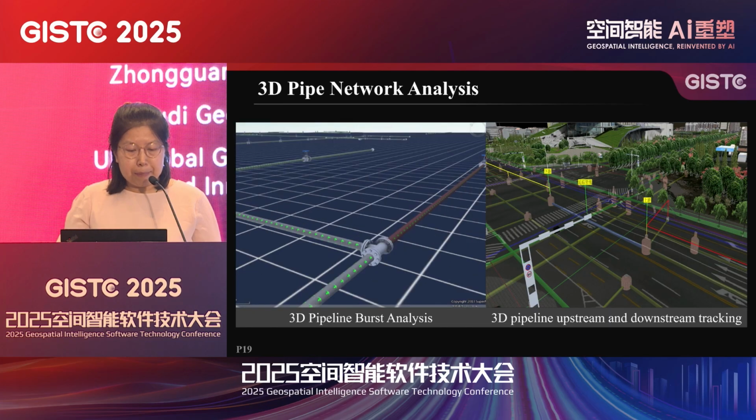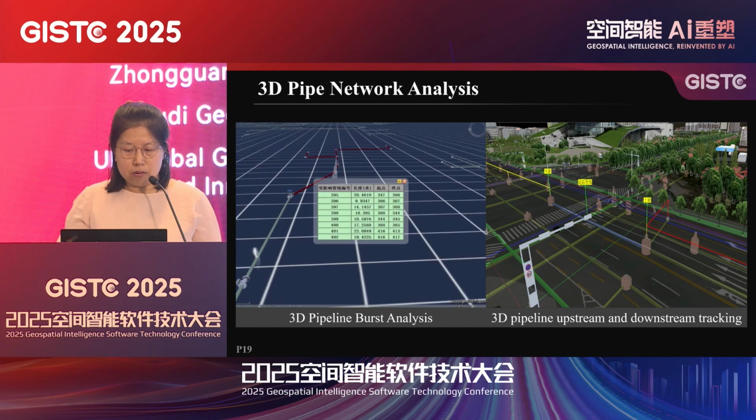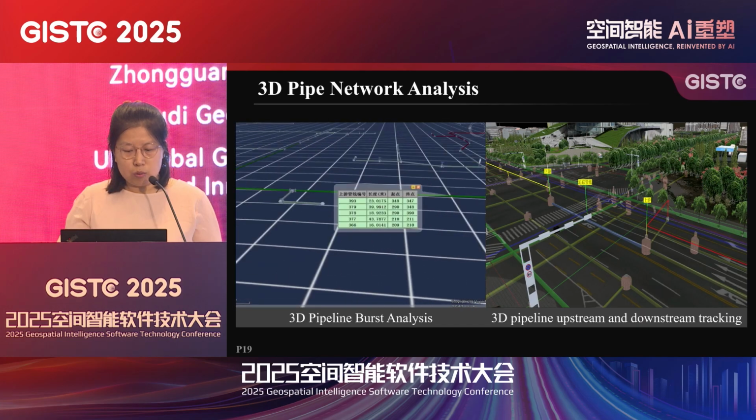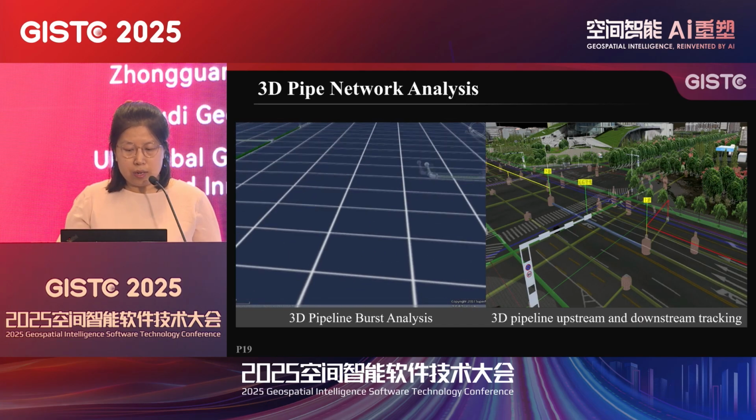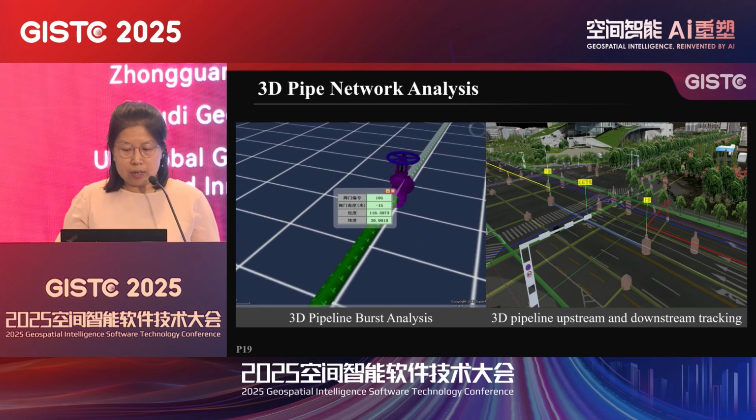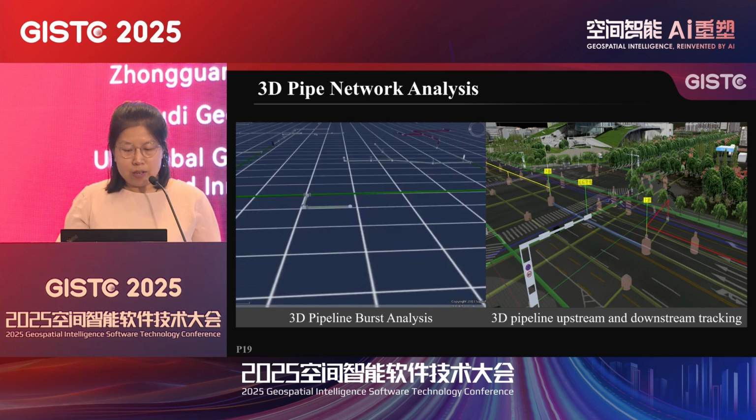If a pipe bursts, the built pipeline model enables burst analysis to help officials quickly locate the break and identify which valves to close, improving response efficiency. It also supports upstream and downstream tracing to help users quickly determine the affected pipeline areas.